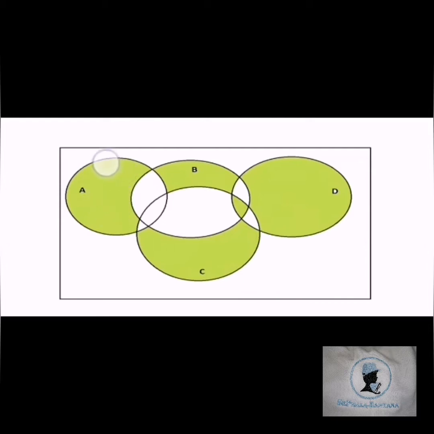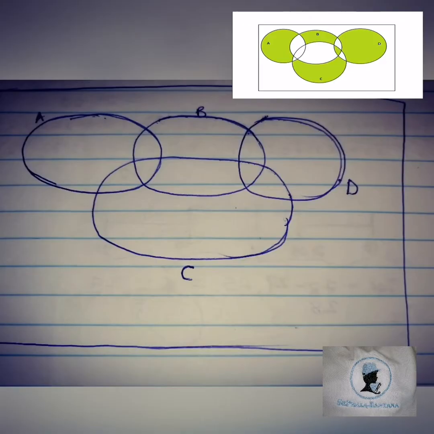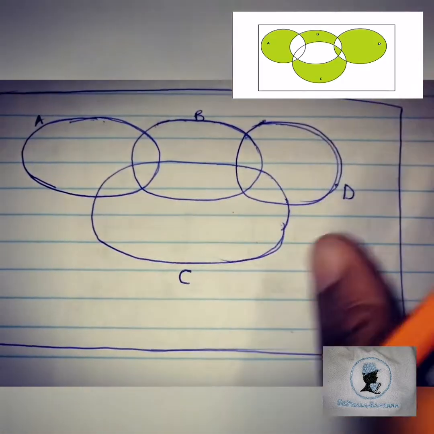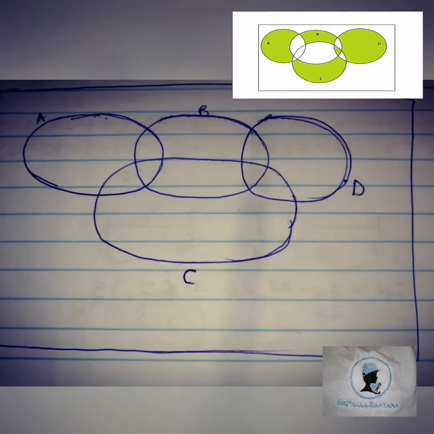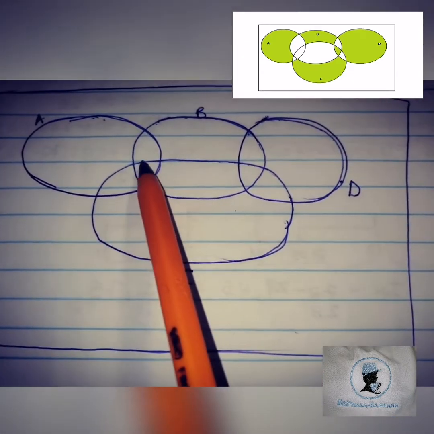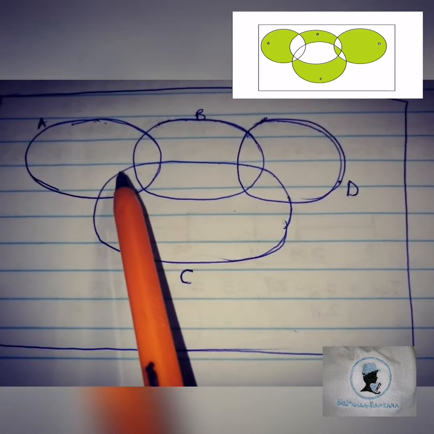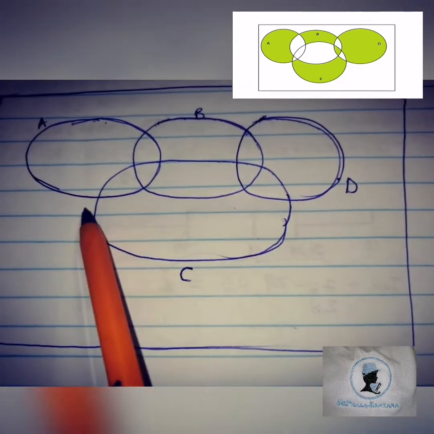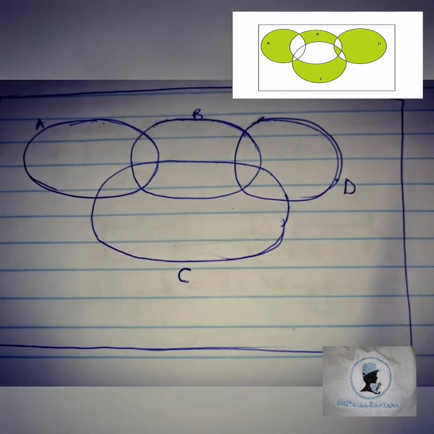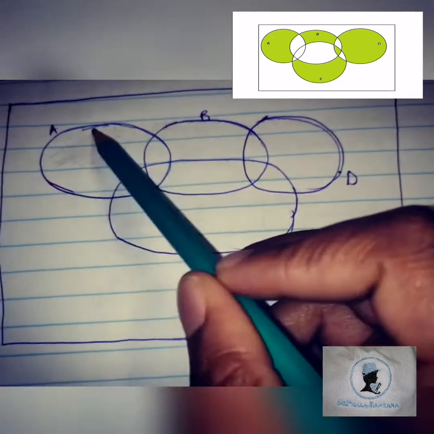So we'll start with this one here. I just want to explain a few things. You can see that in that example we have 4 sets: set A, set B, set C, and D.